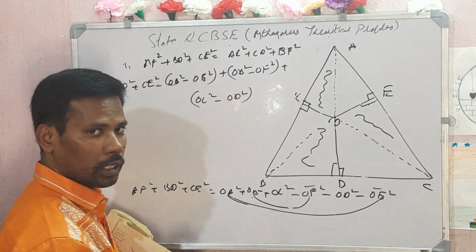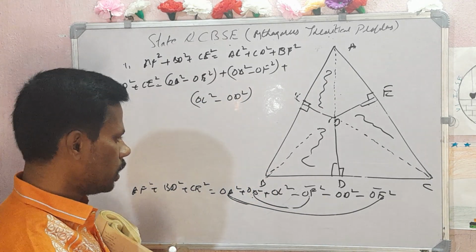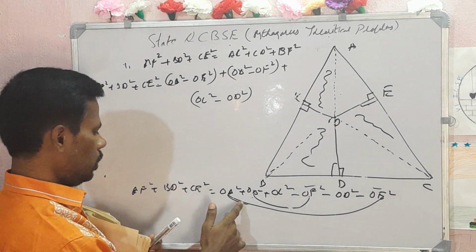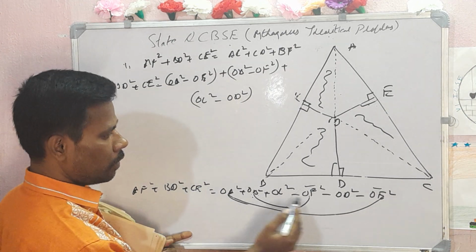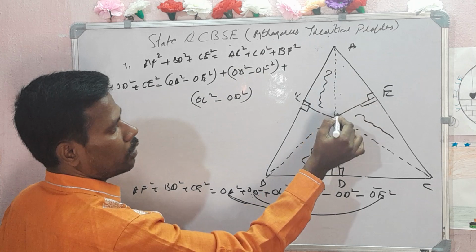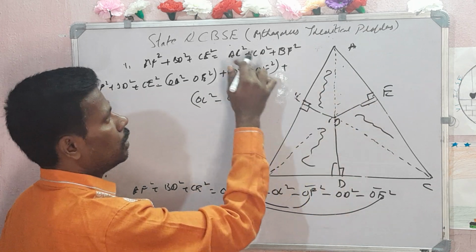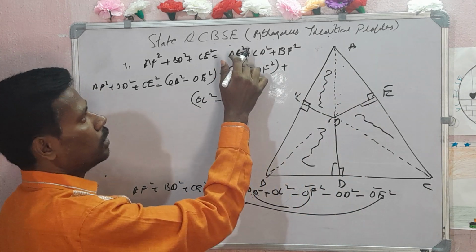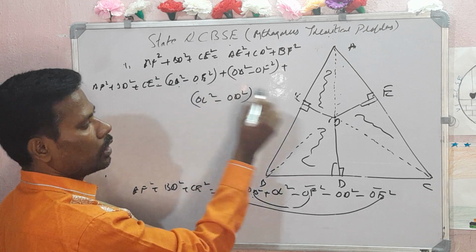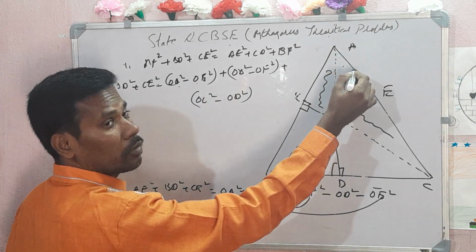From this condition only, OA square minus OE square. Keep in mind what we have to prove: AE square is given. So if you subtract OE square from OA square, you will get AE square.